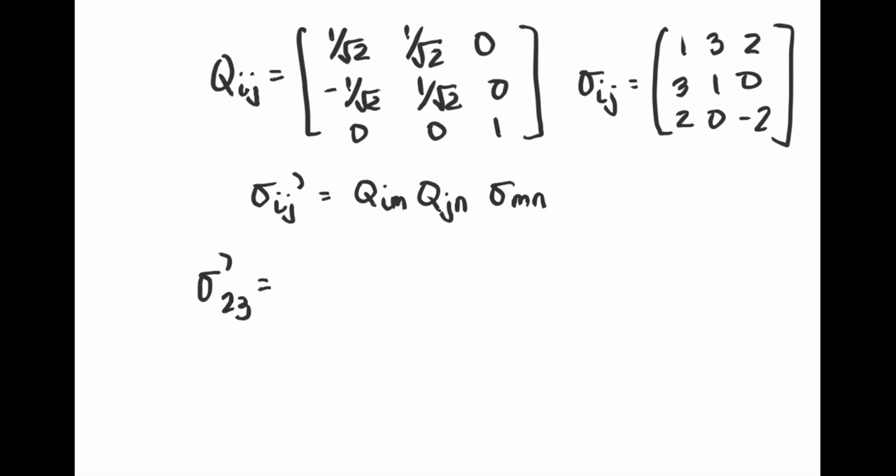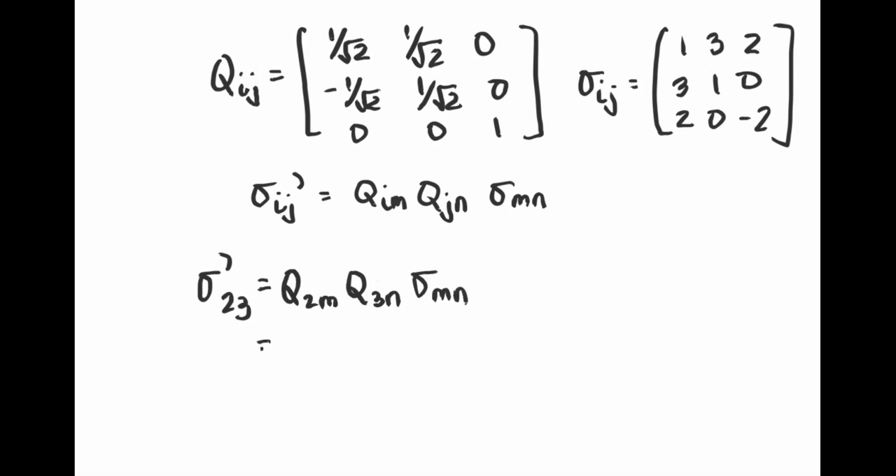Something like that. So, we have Q2M, Q3N, sigma MN.